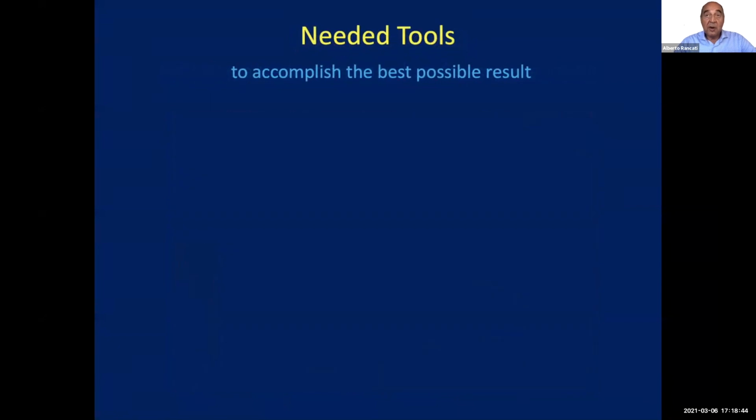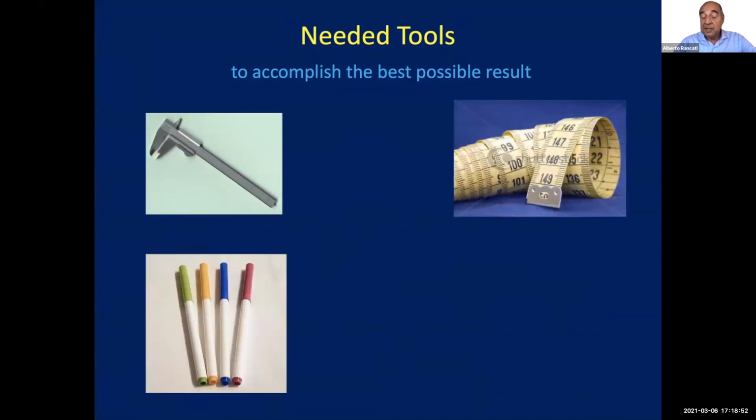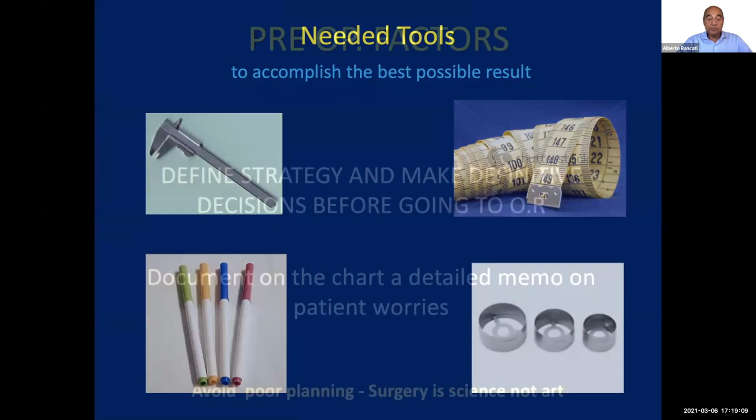So for all this, you need the knowledge, and the needed tools to accomplish the best possible result are very simple: the caliper, markers, centimeter, and cookie cutters. So with this, you can perform a correct breast planning if you have in mind what is the technique you are going to use and why.